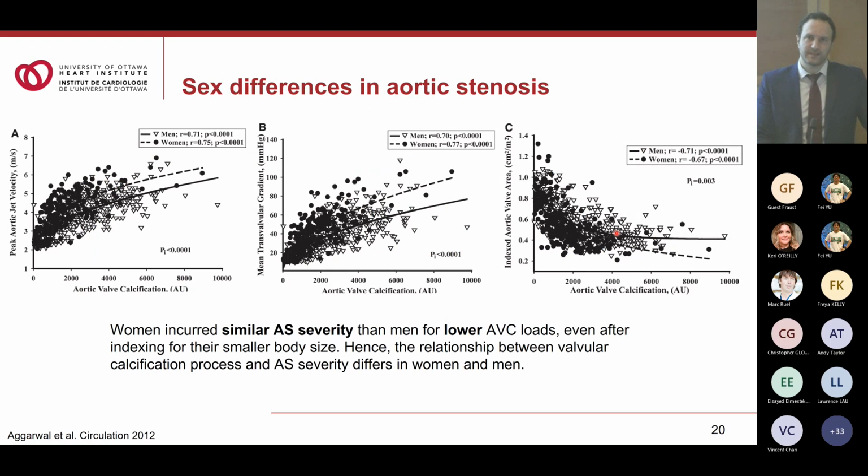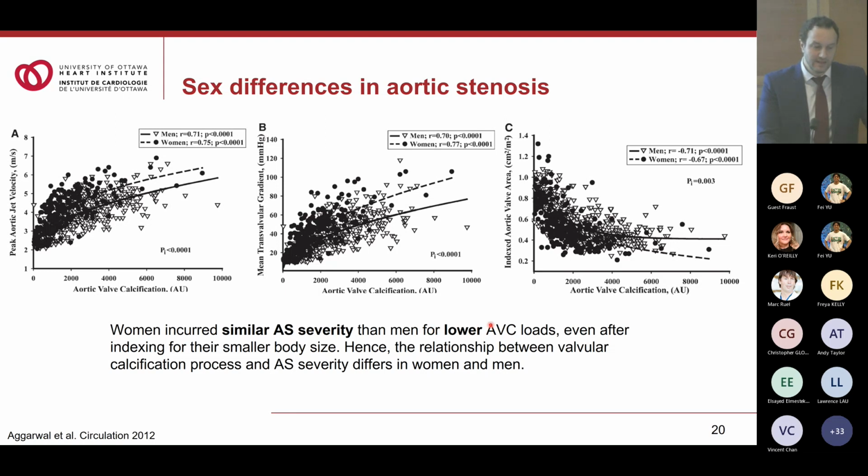Another interesting aspect is the sex difference. Why do we have a different threshold for women and men? Why not just use an indexed value for body size? Well, interestingly, in this specific study, we found that women had a similar aortic valve severity from a hemodynamic standpoint, but at a lower aortic valve calcium threshold.